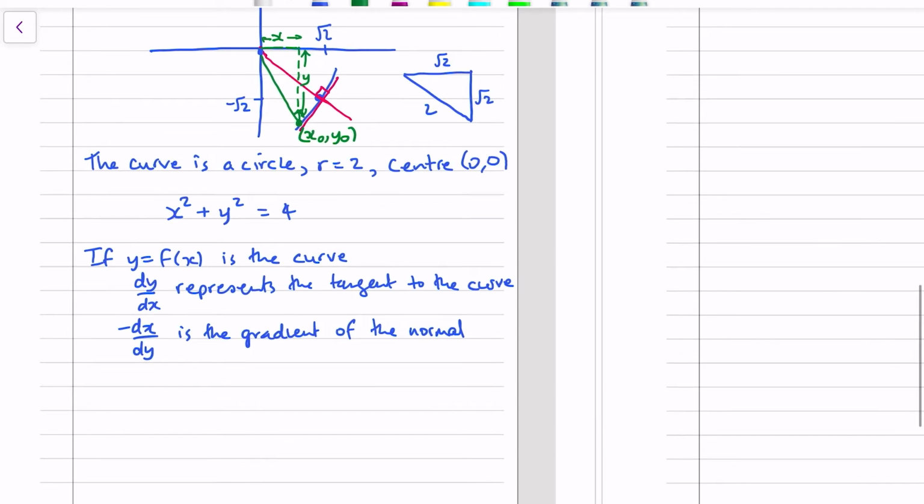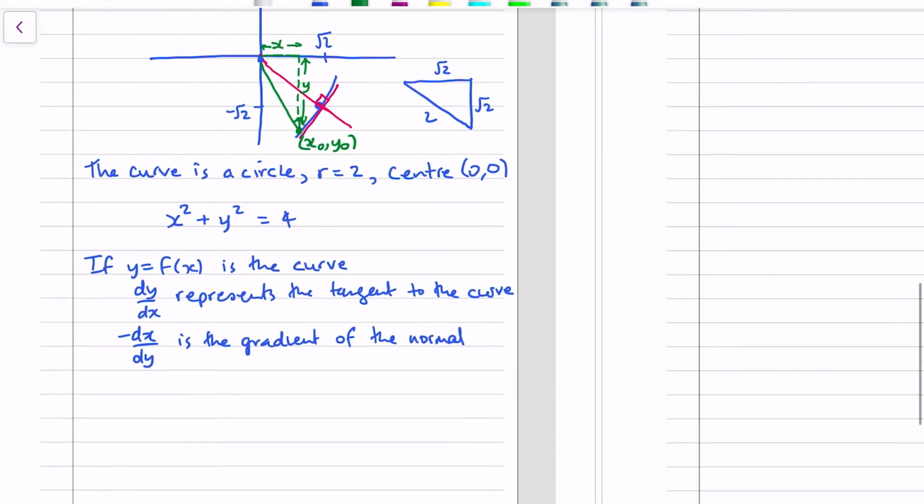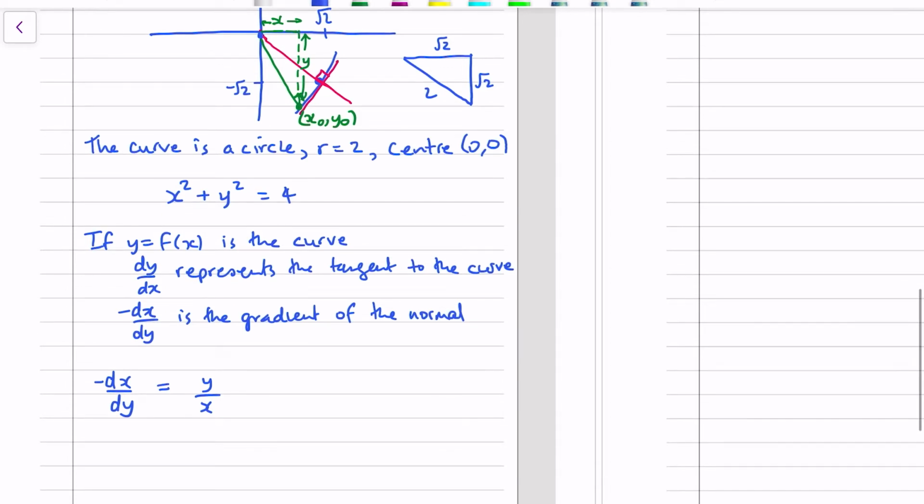Okay, so we can actually solve a differential equation, which is negative dx/dy, the gradient of the normal, is equal to y over x, which is rise over run. And if we solve this, we're going to be using separation of variables.